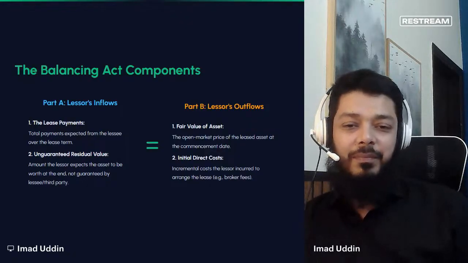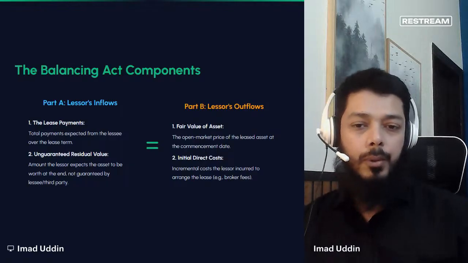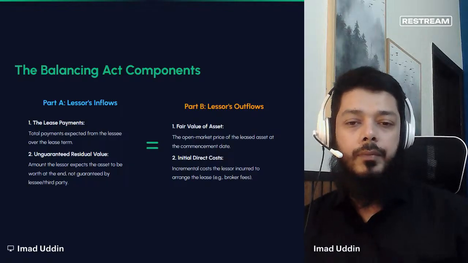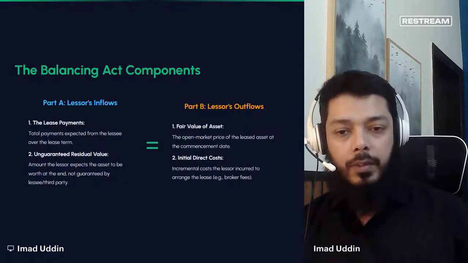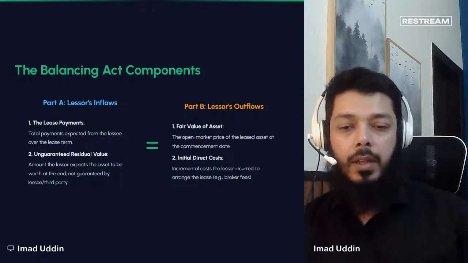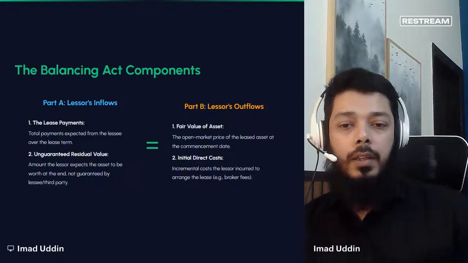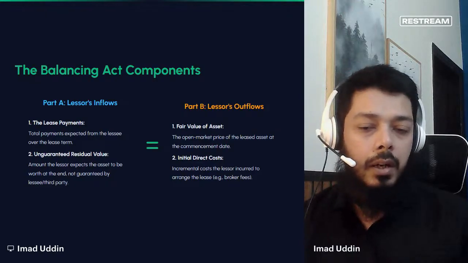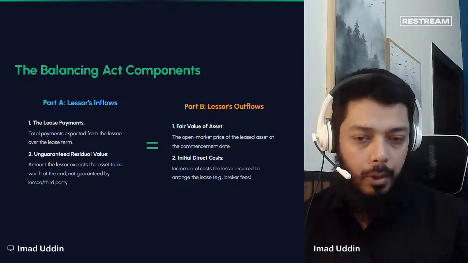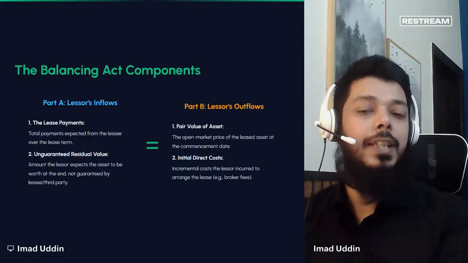Again, to make it more clear, what are the lessor's inflows? These are the lease payments. The future inflows include all the future lease payments that the lessor would receive, and all the residual value, right? Here we have mentioned unguaranteed residual value only because the guaranteed residual value is by definition included within the lease payments.